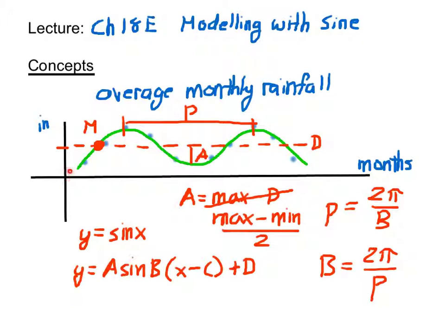M is that point, that origin point that's been shifted. In this case, it's been shifted over and up, right? But we're more interested in how far over it's been shifted.